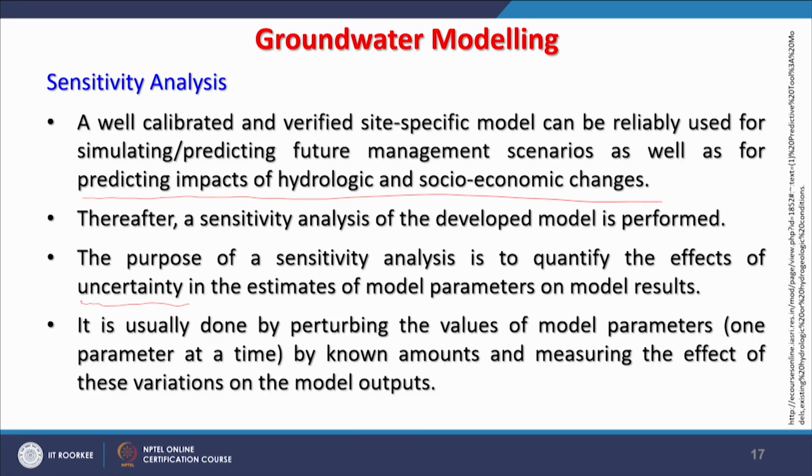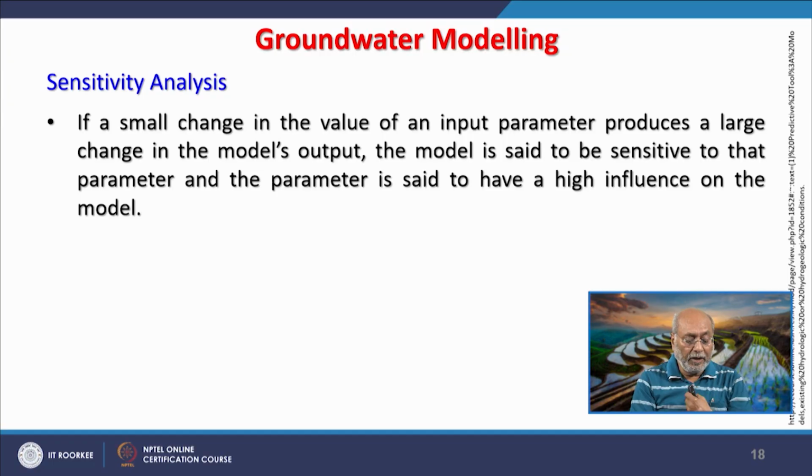when initial conditions are changing. This is usually done by perturbing the values of model parameters, one parameter at a time, by known amounts and measuring the effect of these variations on the model outputs. So, one by one these are done, and then finally you get the results.